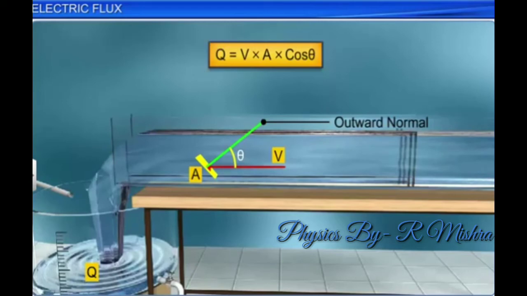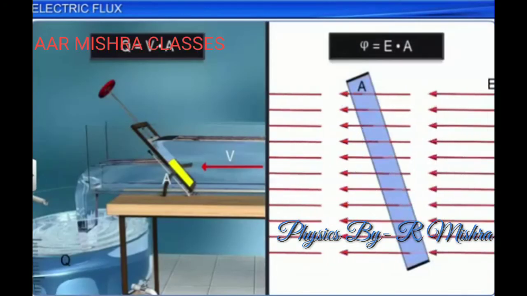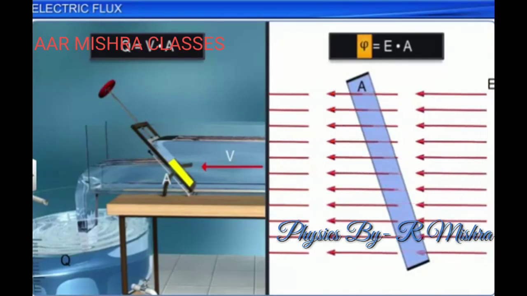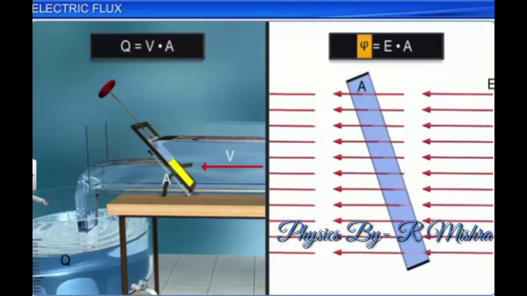Here, V and A are vectors, and as Q represents the quantity of water, it is a scalar. Mathematically, we can write the equation as Q is equal to the dot product of V and A. Electric flux, phi, is analogous to Q of water.